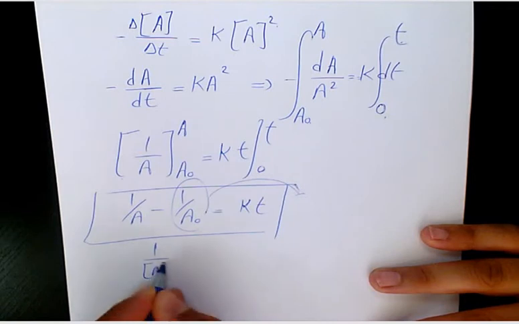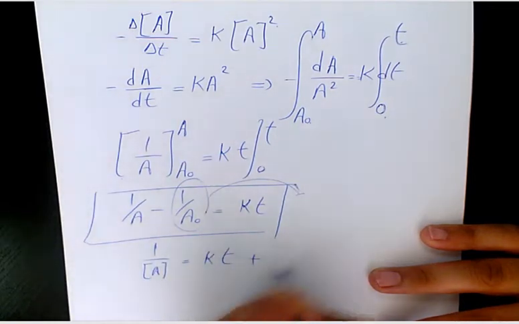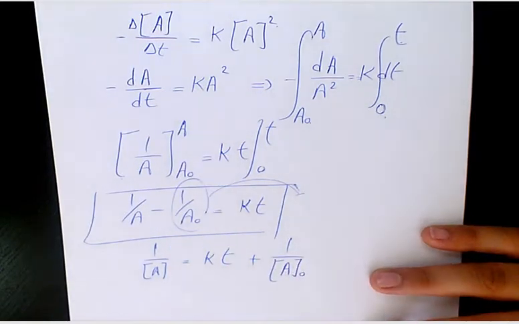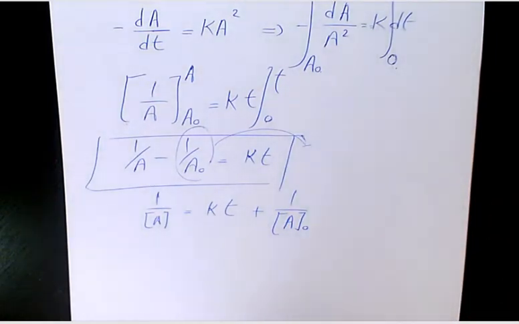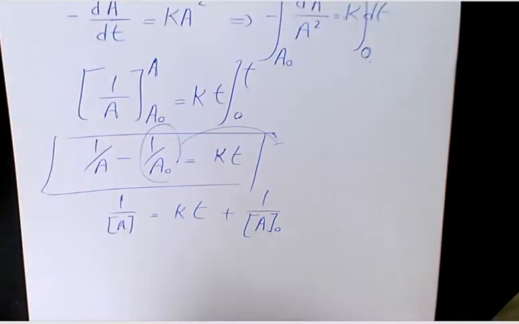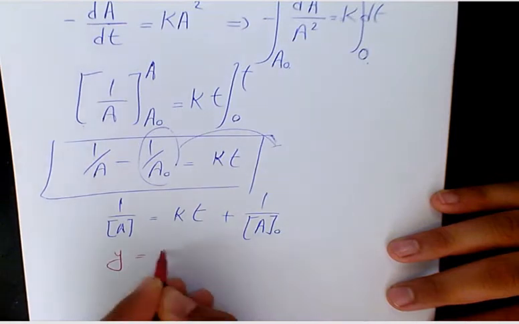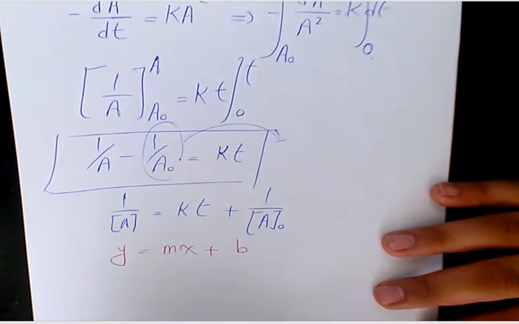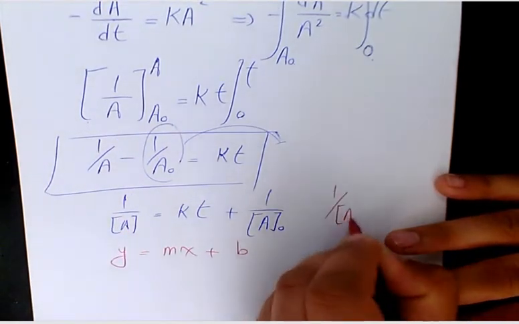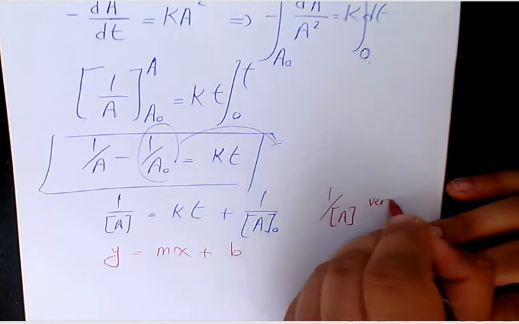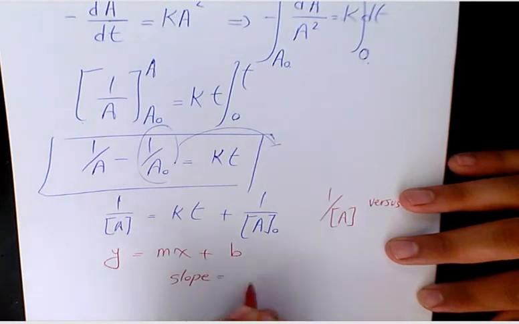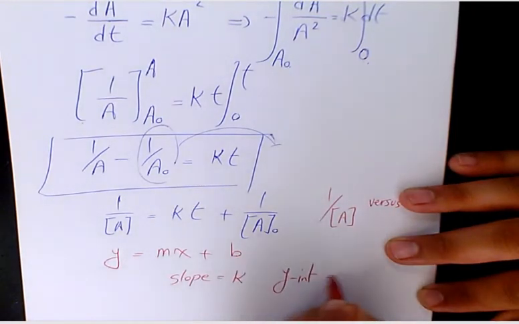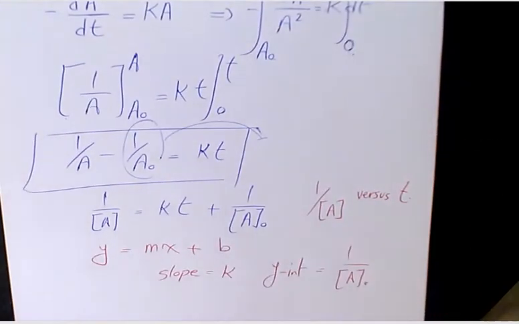So 1 over concentration of A equals k times t plus 1 over the initial concentration of A. So now if you compare it with the equation of a line, and you graph 1 over concentration of A versus time, if you are dealing with a second order reaction, you're going to end up having a line, and in that case the slope is going to be equal to k, and the y-intercept is going to be equal to 1 over the initial concentration of the reactant.